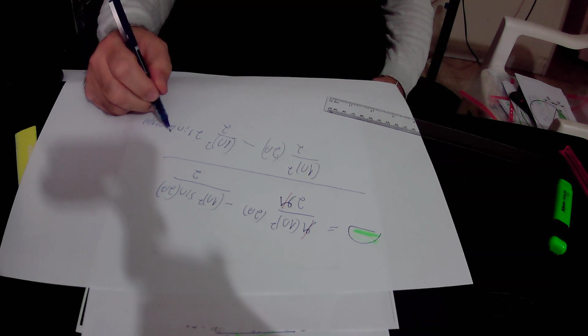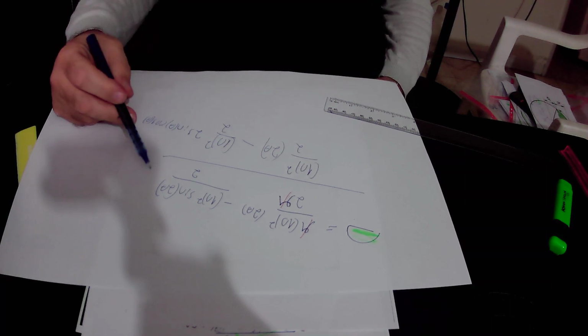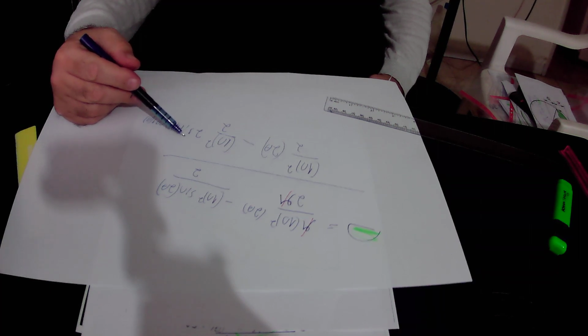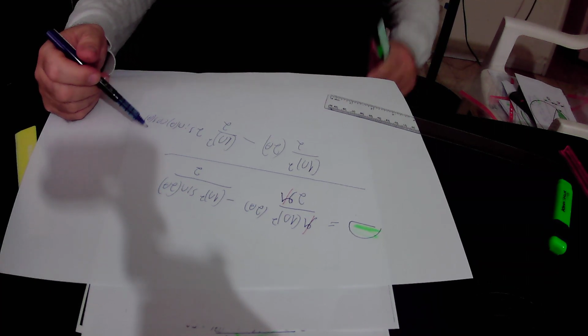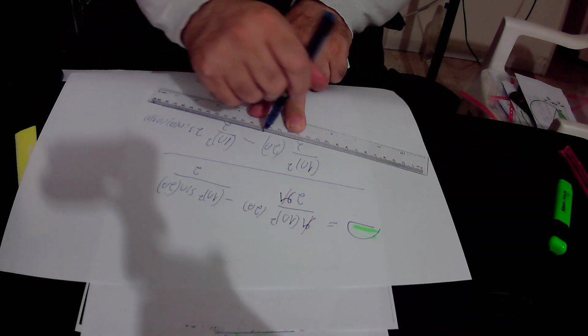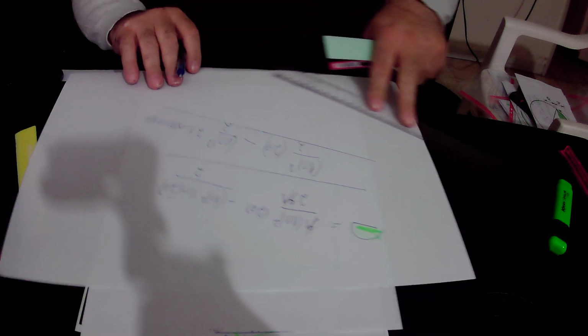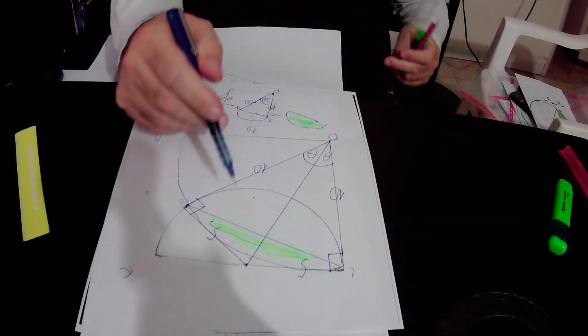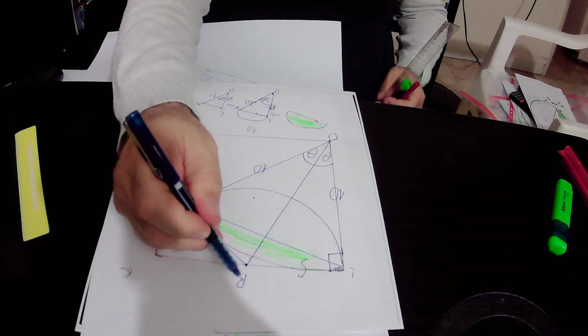Okay, so we substituted sine 2 theta with 2 sine theta cosine theta. So we will analyze the triangle OPL.